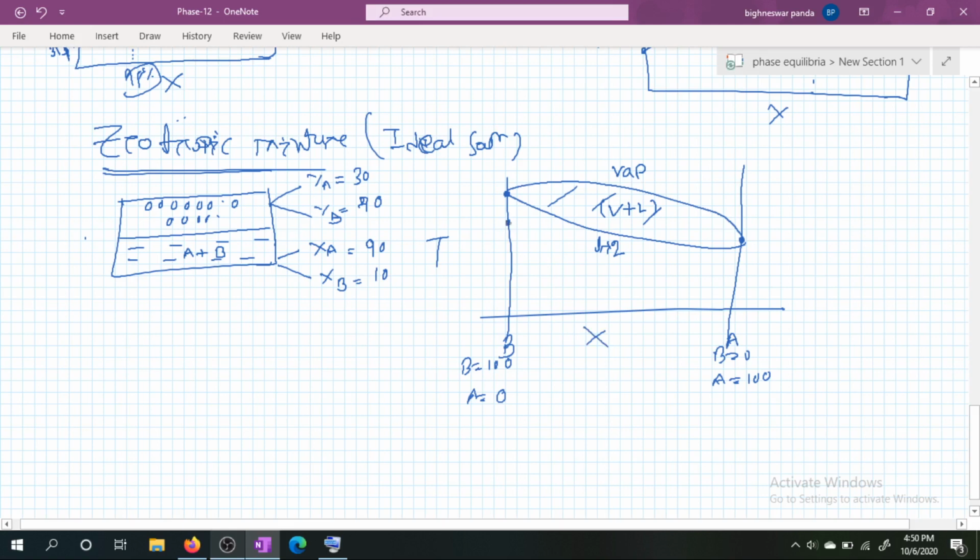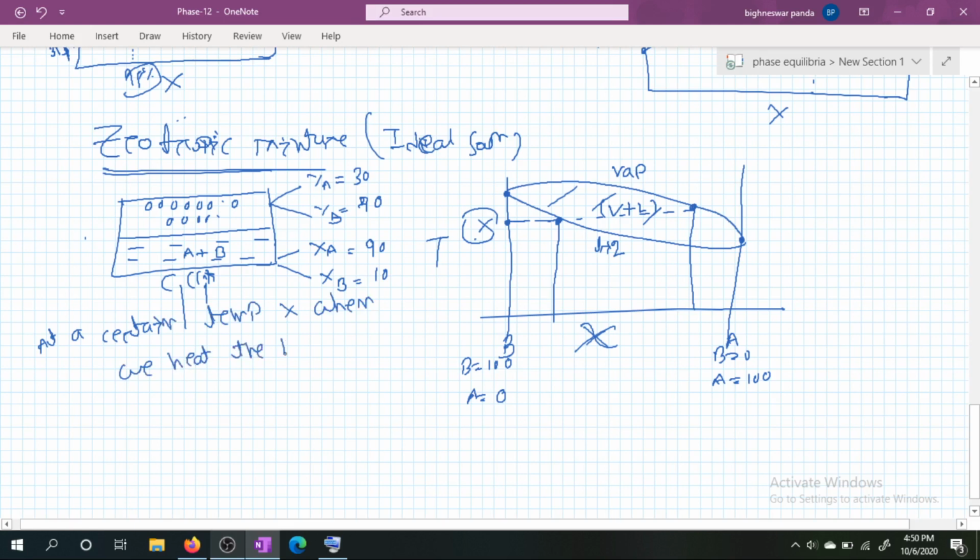At a certain temperature, consider this X, when we heat the mixture, it is found that the mole fraction of component A is 90% and component B is 10% in the liquid phase.